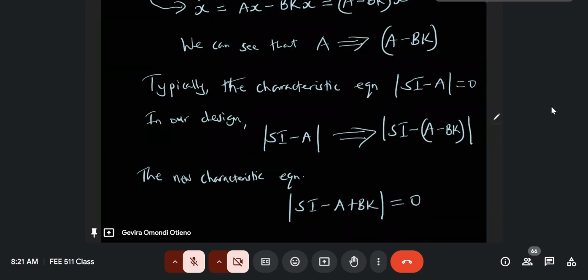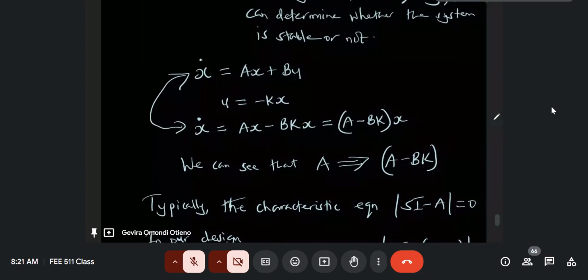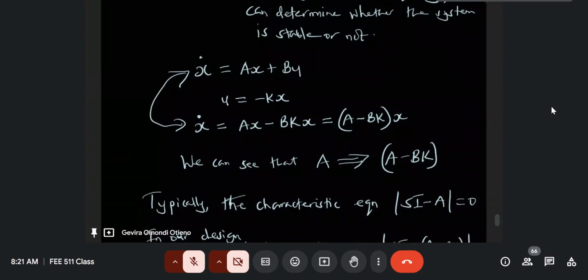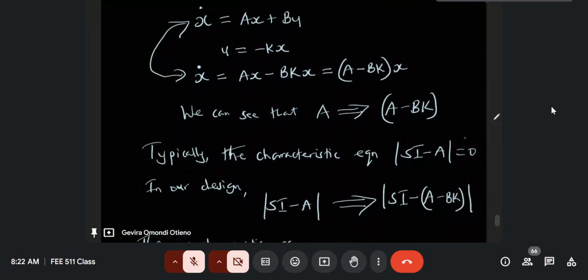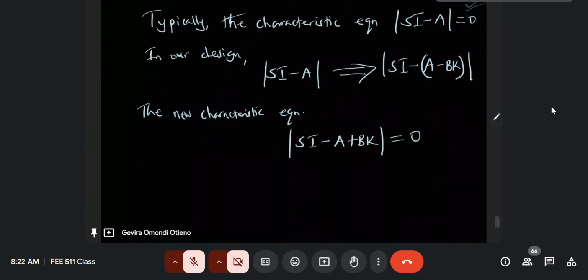So typically, without a design, using the typical state space representation, we usually get the characteristic equation using this method. For example, let's say A was 0, 2, minus 1, 3, something like that.